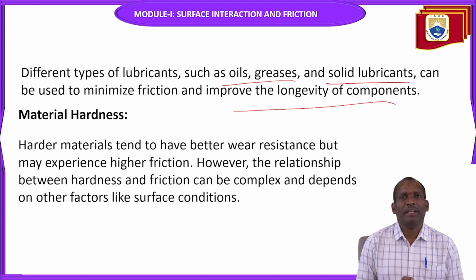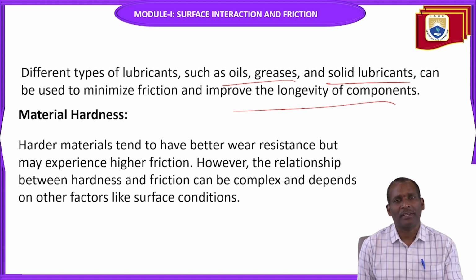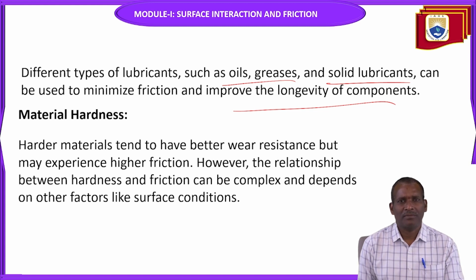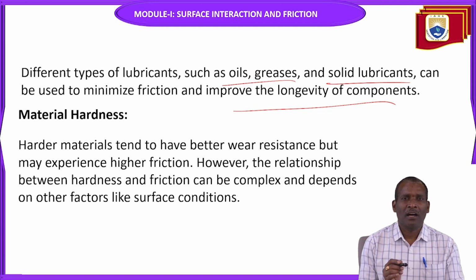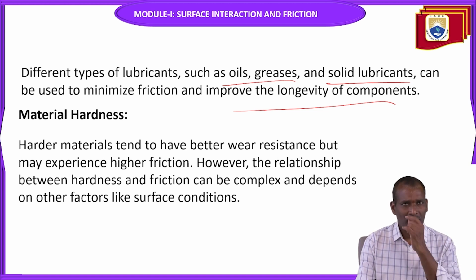Next, material hardness. This is one type of mechanical property. Harder materials tend to have better wear resistance, so a harder material can withstand wear. Lower hardness material cannot withstand wear as well, but may experience higher friction in this case.